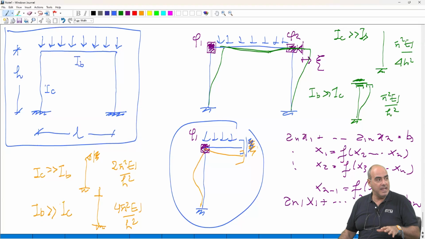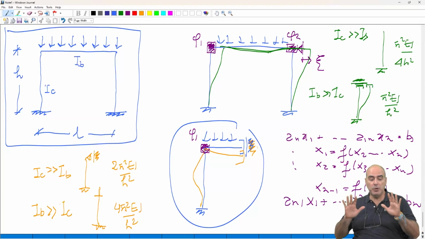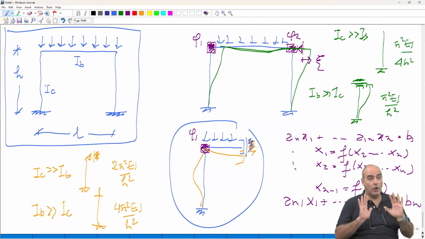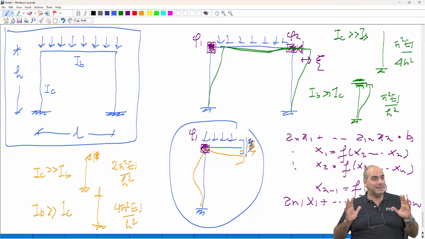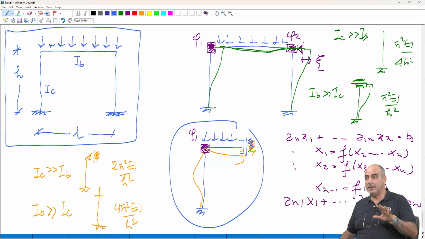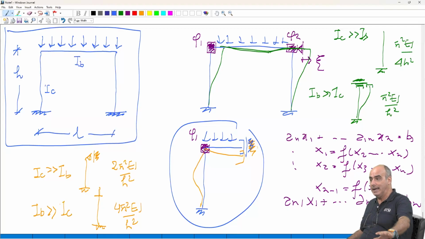So if the sway movement can happen, it means that you have not put any bracing to prevent it. That is the only way to prevent it. The symmetry does not prevent it. So if the sway movement can happen, it will happen. So this is the reason for which when you analyze frames for buckling, you cannot exploit the symmetry to save computational effort.